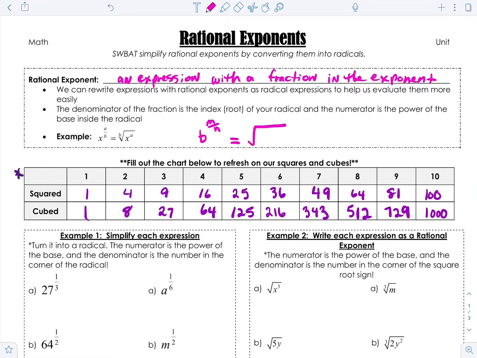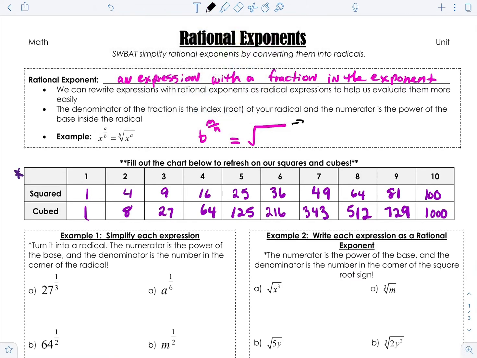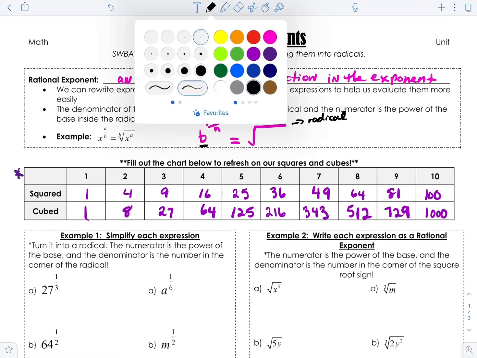In order to write it as a radical, we put our radical there. This is called a radical, so keep that in mind. Our base is the same base in the exponent, b.